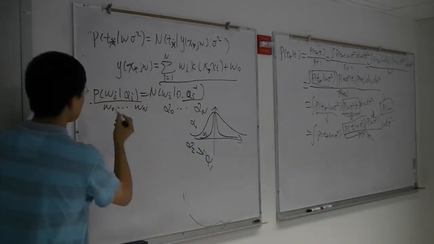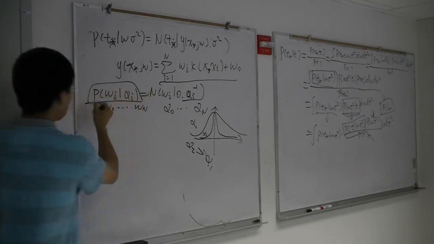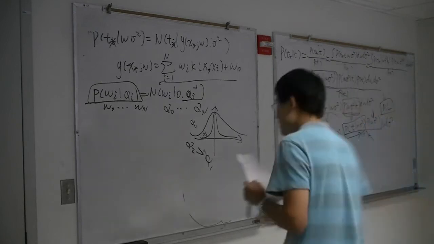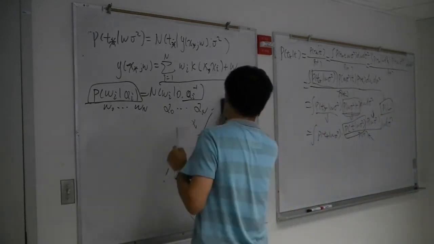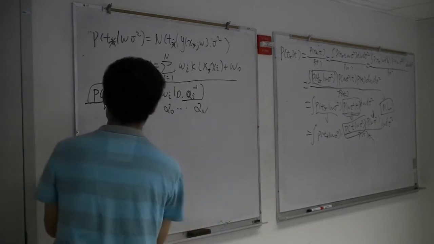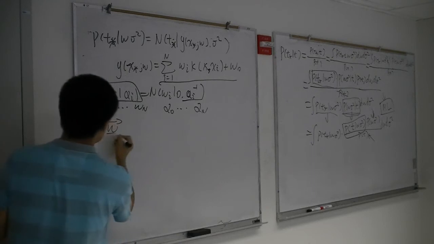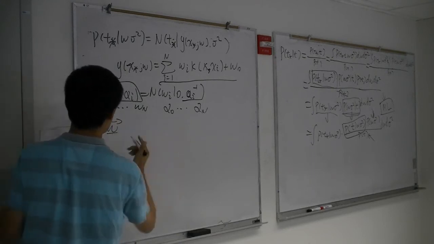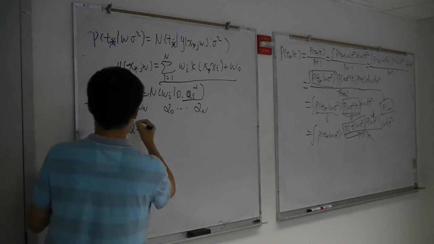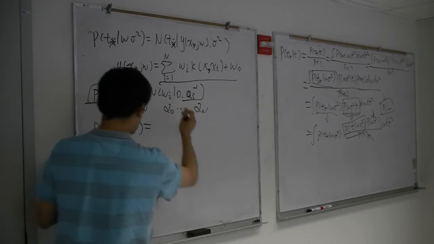Since we introduced the prior distribution for omega i, then we can write out the probability for omega, here's a vector, given alpha, as the product of Gaussian functions.